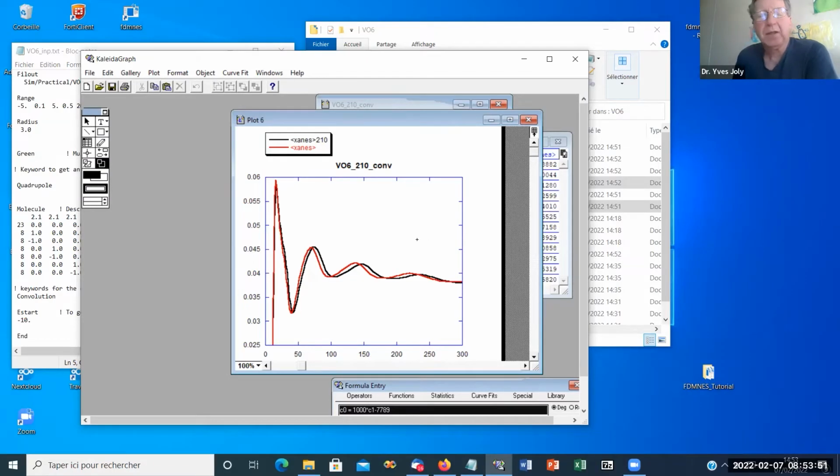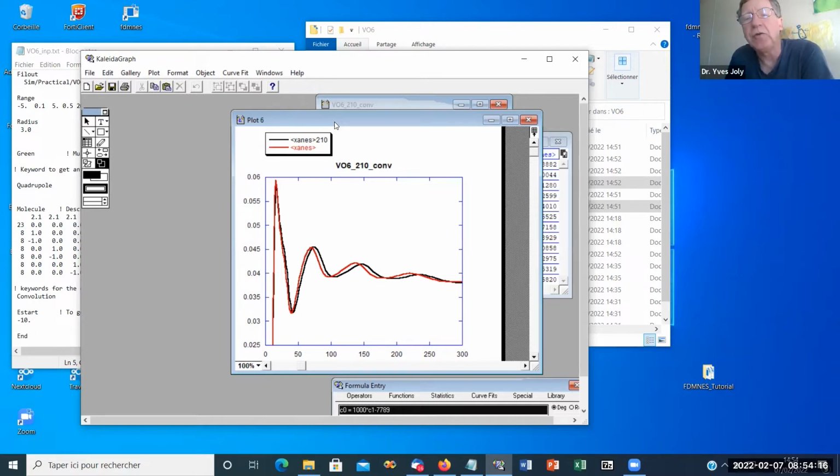So it's the so-called Natoli effect, the guy who defines this effect, that if you contract your sample, this makes an expansion of the spectra. And it's very well known in XAS.